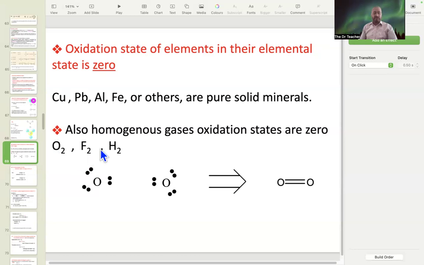Fluorine, fluorine, 0. Hydrogen, hydrogen, 0. So the overall charge in the oxygen will be 0, even with the presence of 2 lone pairs on each atom and the other four electrons making a double bond. Still, we can say the overall charge for these homogeneous gases will be 0.